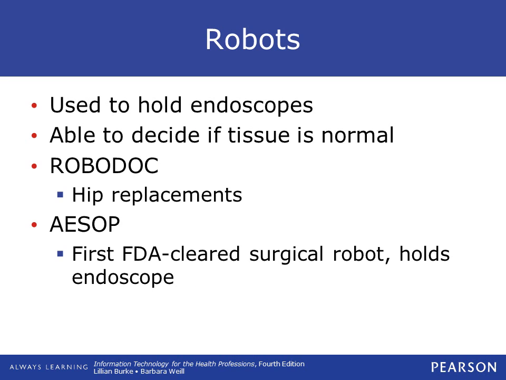Robots. The book goes on to talk about the different types of robots that are used. And again, in this class, basically you just get introduced to different types of technology pieces out there. Why? Because depending on where you're going to be working, what facility, you want to have a general idea, especially in a hospital.